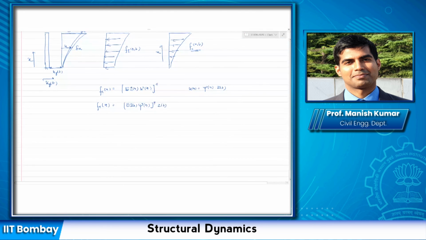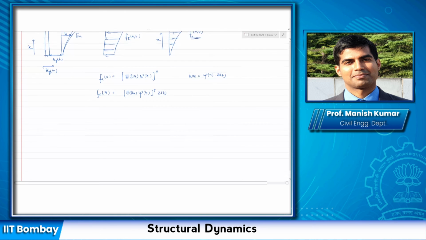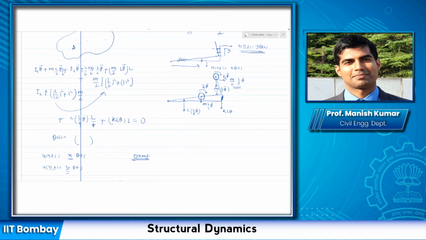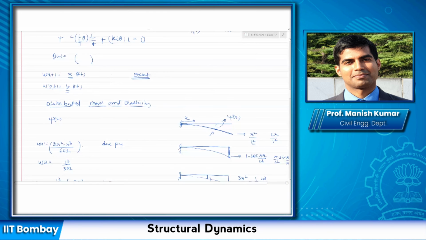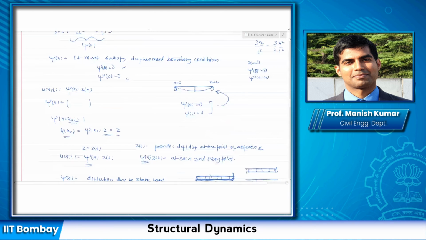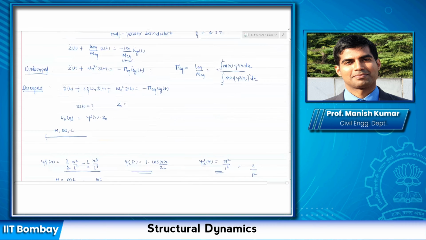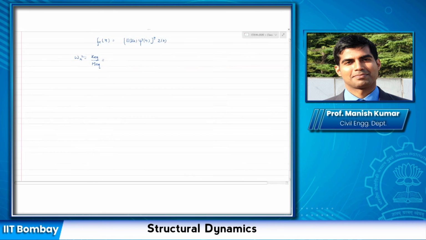Now if you remember omega n square, omega n square is k equivalent by m equivalent, which is the integral of EI(x) phi''(x) square divided by the integration over 0 to L, total length, of m(x) phi(x) square dx.